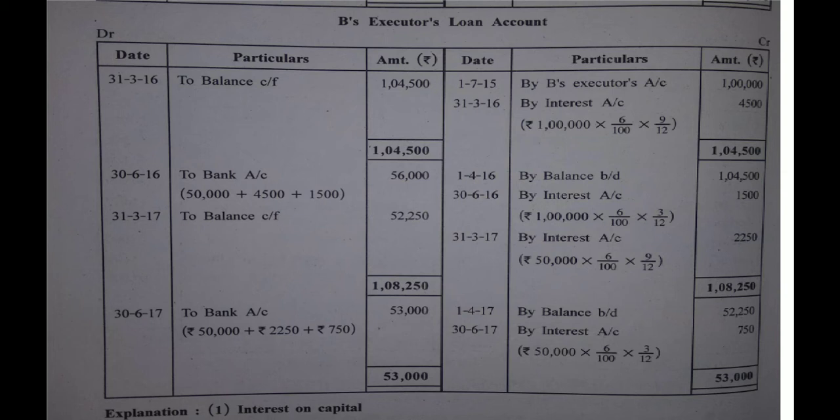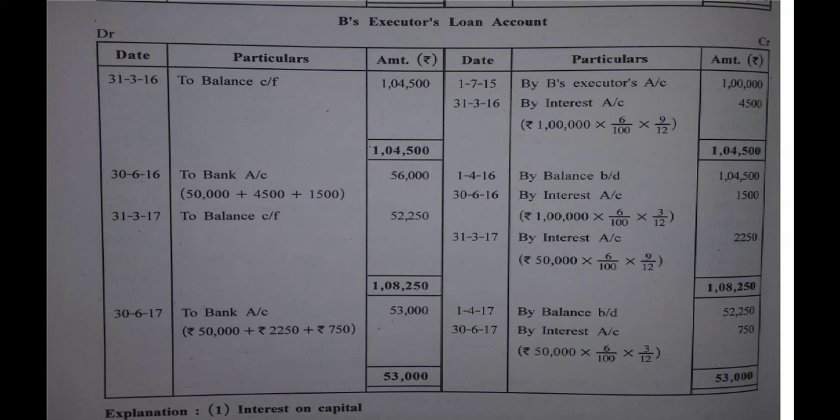At the end of 12 months, you have to pay the first installment. First installment of 1 lakh rupees. Yes, that is the reason. The remaining interest for 3 months is to be calculated in the second year of the ledger account.